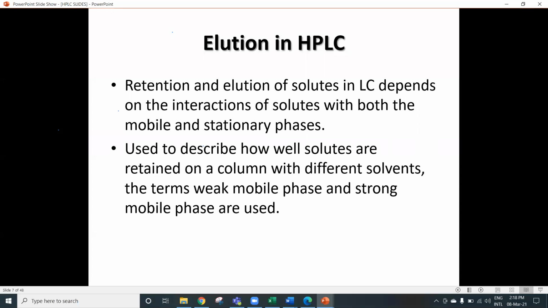With different solvents, the interaction of your solutes on the same column will be different. So you could actually use the same stationary phase, but different solvents, and you get different interactions entirely.